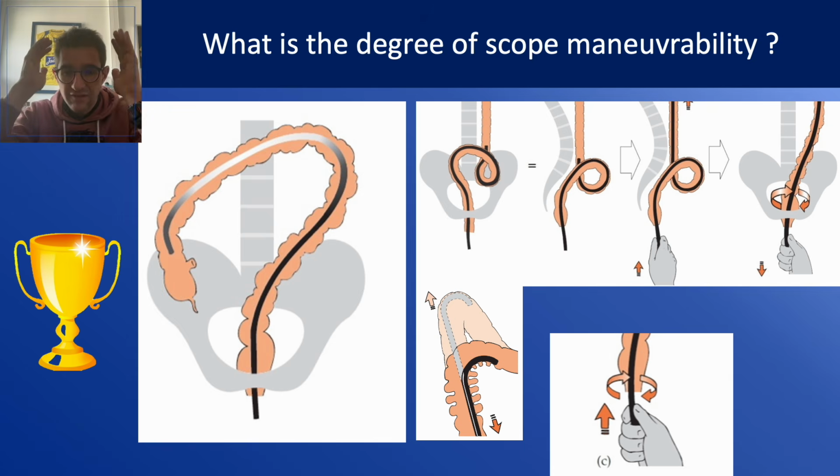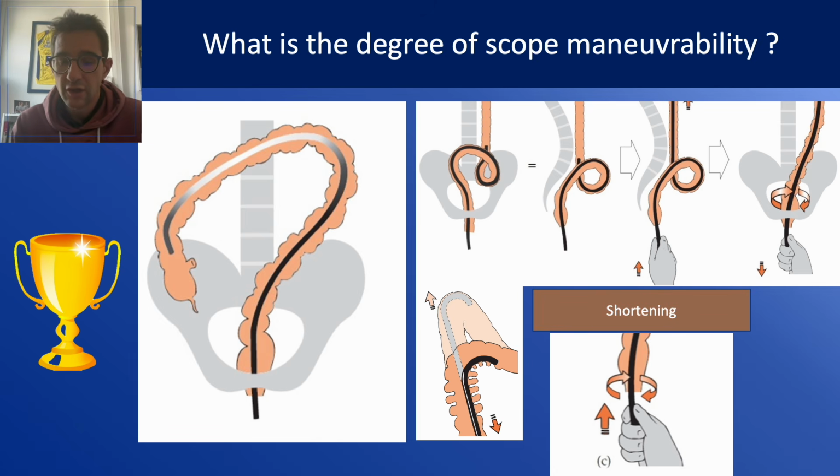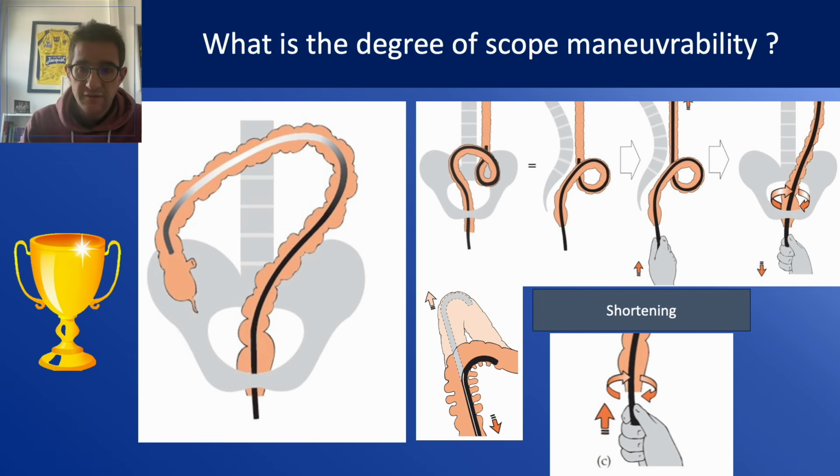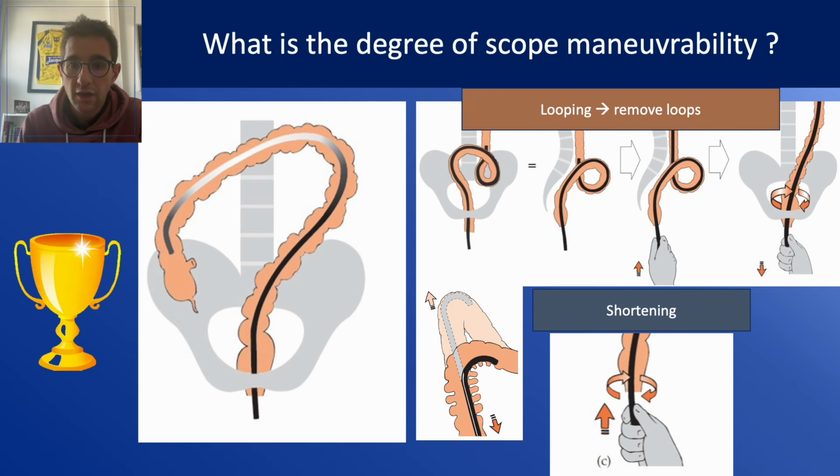So what is very, very important is to have good maneuverability, and for this you should try to do the shortening technique described by Japanese colleagues in order to shorten every angle and avoid looping.